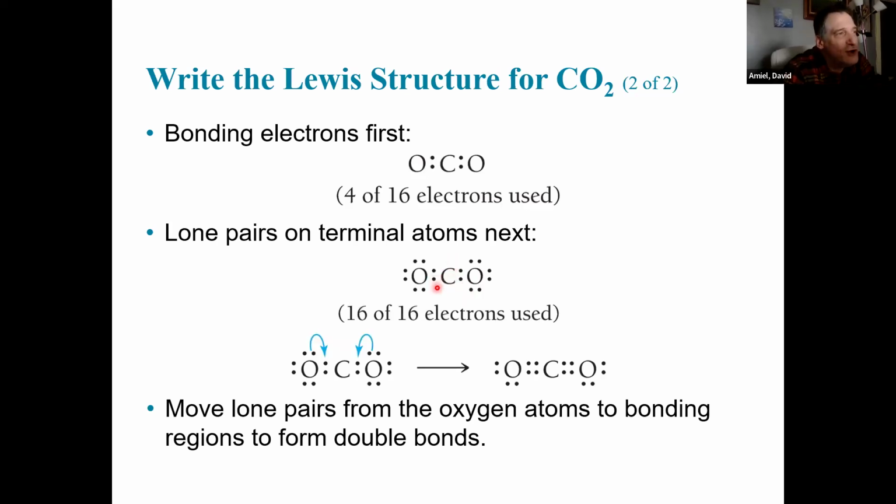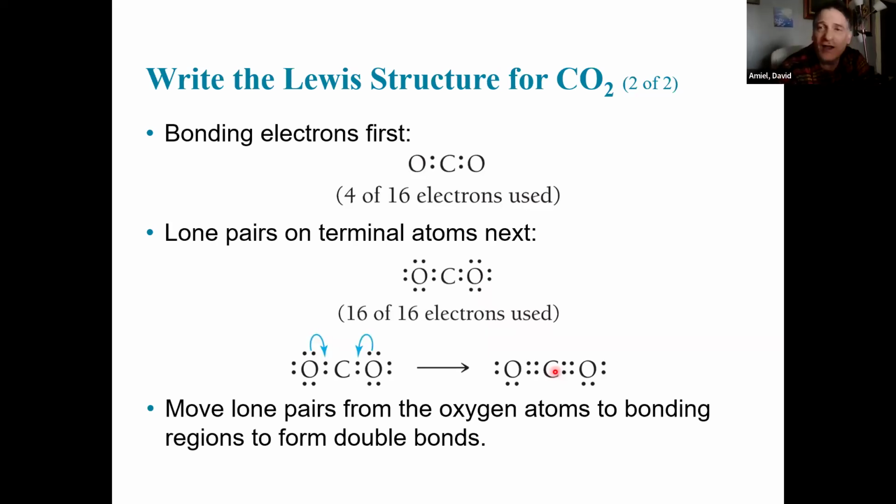But we look here and we notice that the carbon does not have an octet. It only has 2, 4 around it. So that tells us that we need to steal a lone pair from each of the oxygens and put it in the bonding region to come up with CO2, which has 2 double bonds on either side.